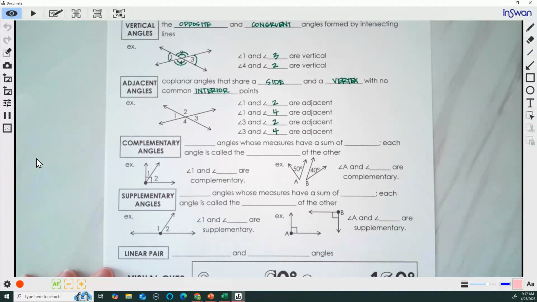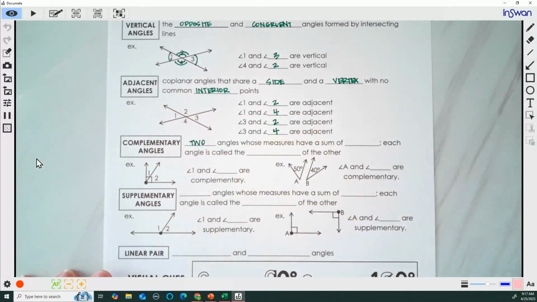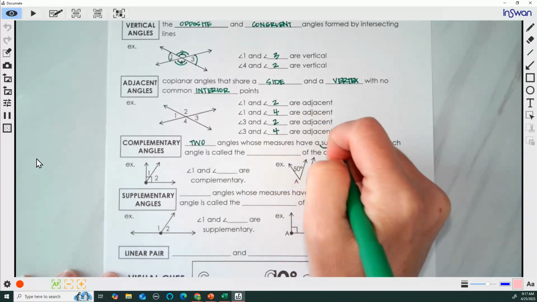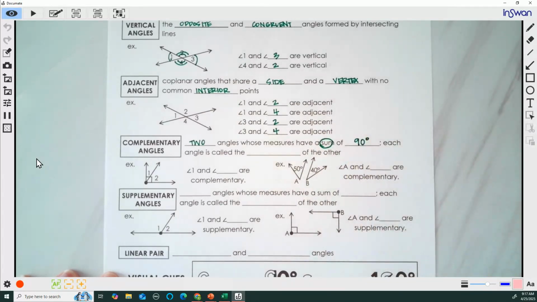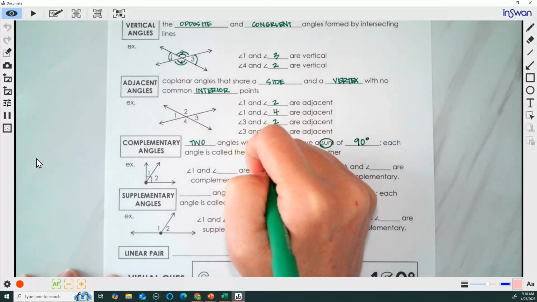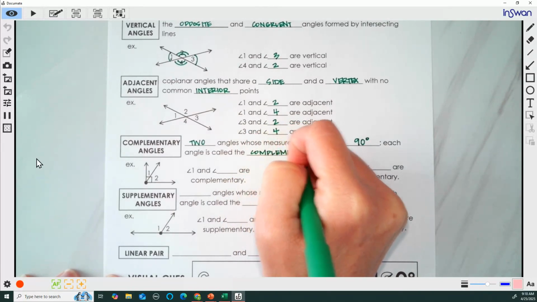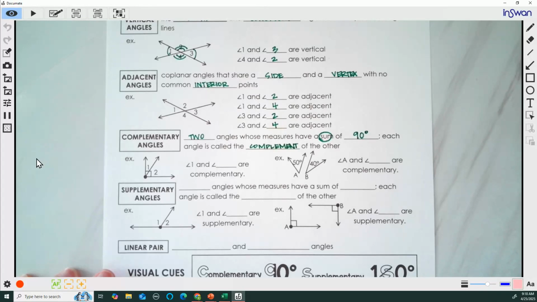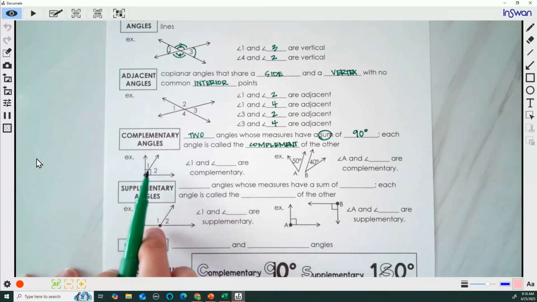Complementary angles are two angles whose measures have a sum, which is important here, of 90 degrees. Each angle is called the complement of the other. So in our first example here, we have a diagram.